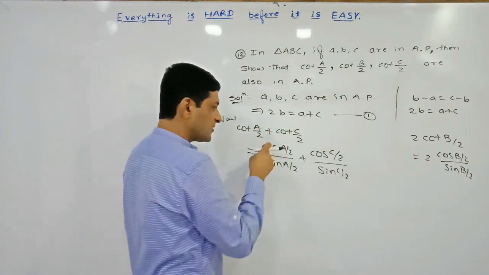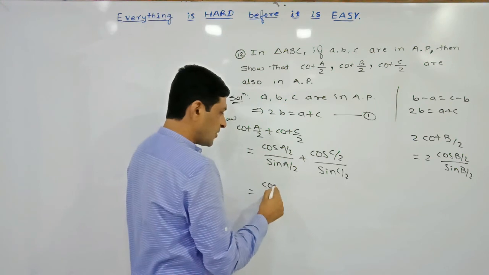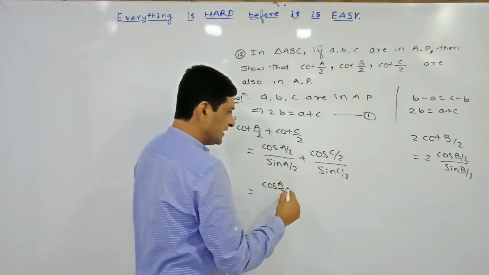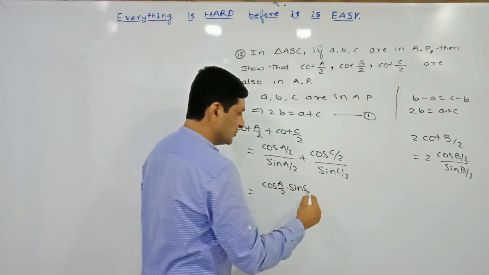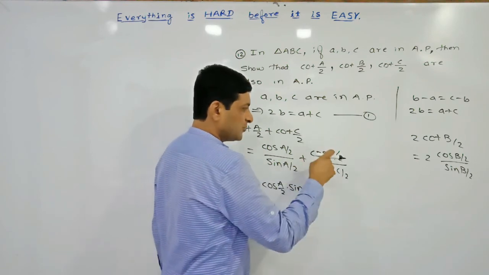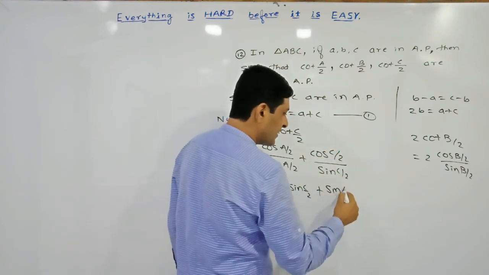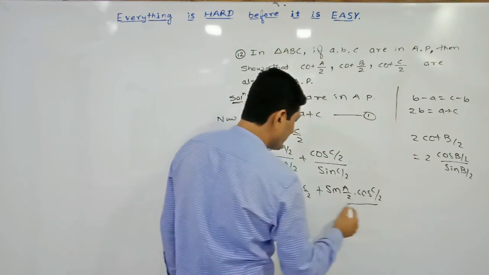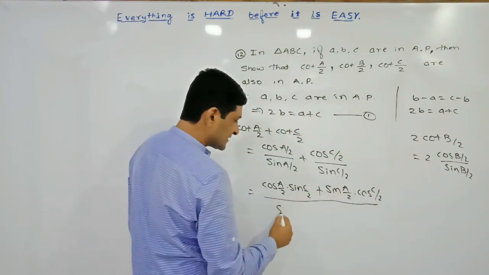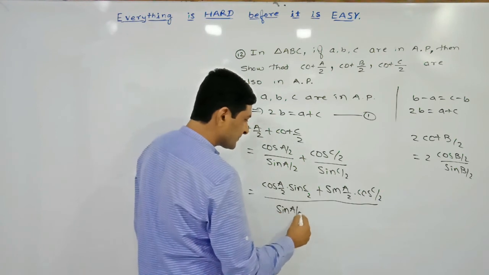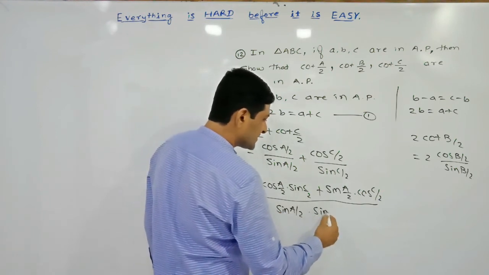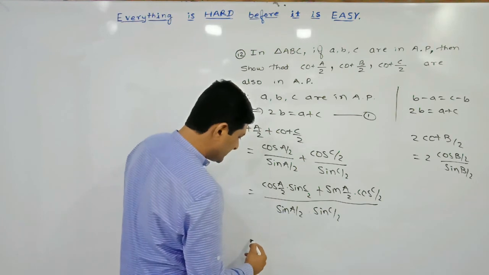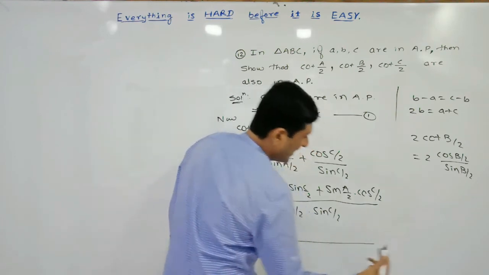So it's cos A by 2 into sin C by 2 plus sin A by 2 into cos C by 2. In the denominator we'll get sin A by 2 into sin C by 2. Let us simplify it.